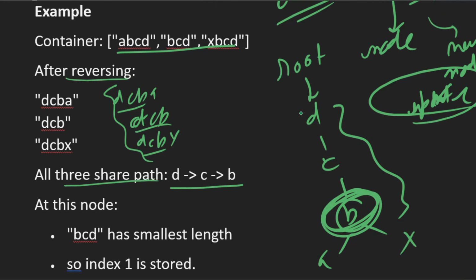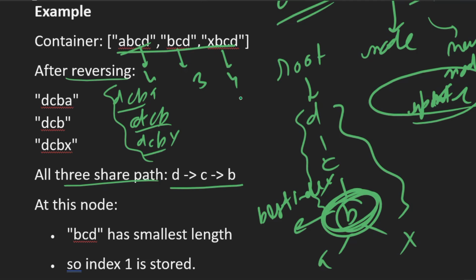So which one should be the best index here? If we compare, the length is 4, here the length is 3, here the length is 4. So we give priority to the one which has the smaller length. So we store the best index here as 1.